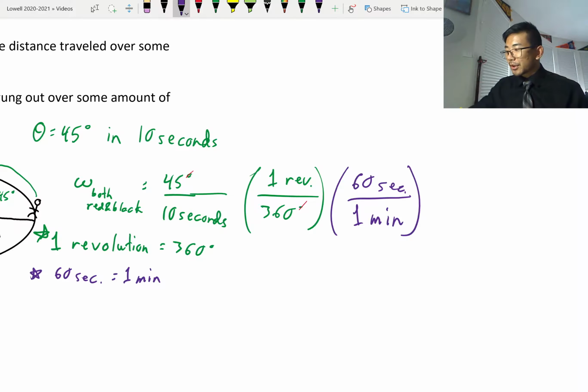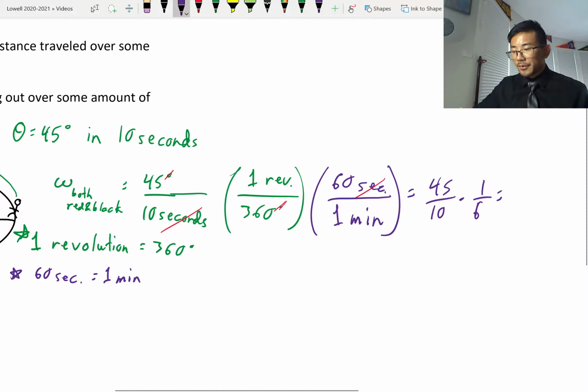Now we can work our calculator magic. Seconds and seconds, degrees and degrees cancel out. That leaves us with 45 divided by 360. Actually, we don't really need our calculator here, because 60 over 360, and then that'll be 45 over 10 times 1 over 6.